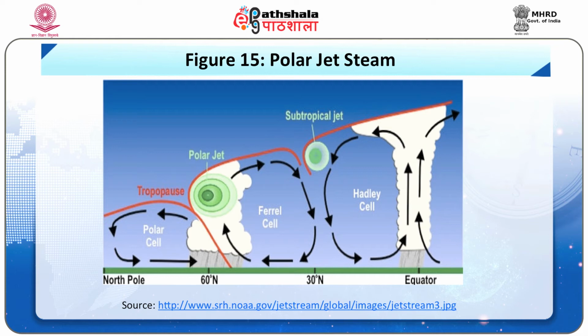It occurs near the tropopause between the polar cell and the Ferrel cell, as can be seen in figure number 15. They are most active at 300 millibar, that is at an altitude of about 9 km, within 40 degree to 60 degree latitudes. The seasonal shifting is in the range of 30 degree to 70 degree latitudes in both hemispheres.